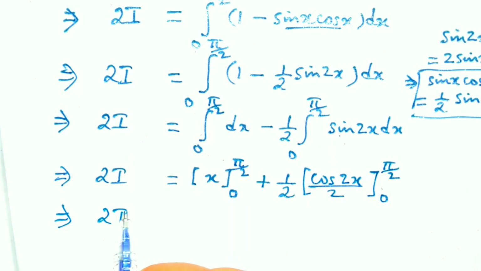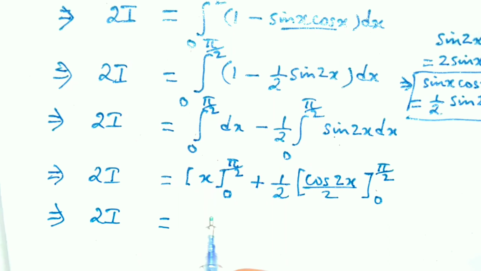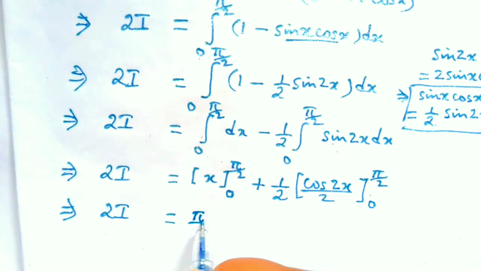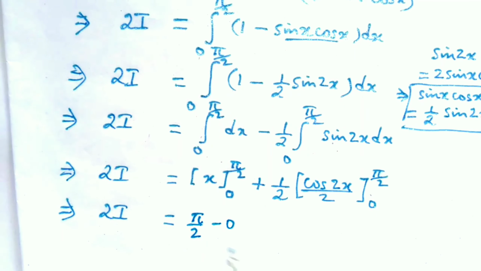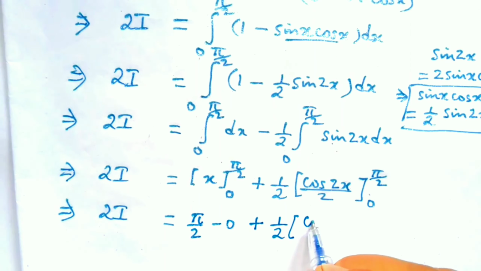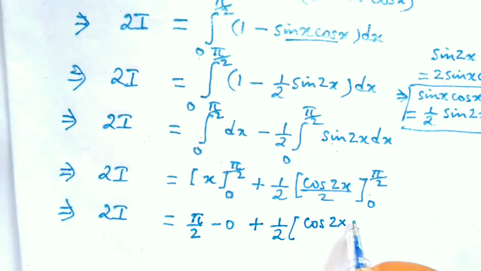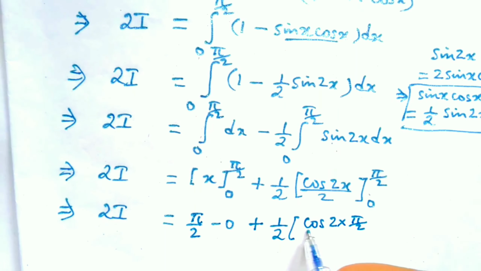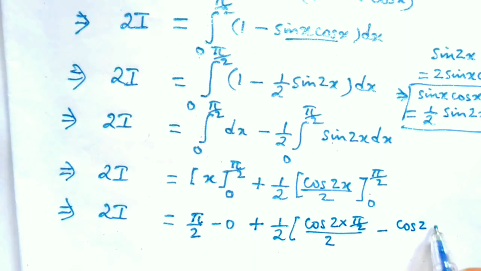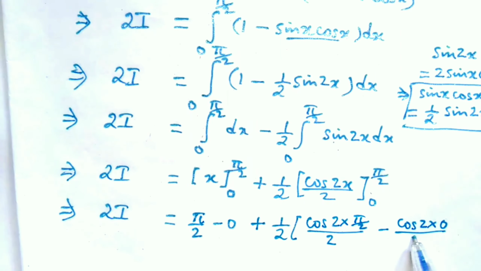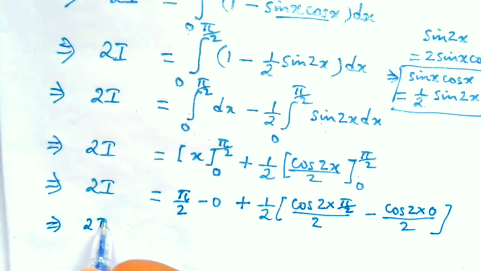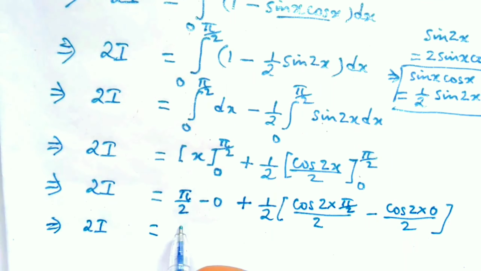Implies 2I is equal to, now put the limits of integration, pi by 2 minus 0 plus half times (cos 2 times pi by 2, divided by 2, minus cos 2 times 0, divided by 2). This implies 2I is equal to pi by 2.